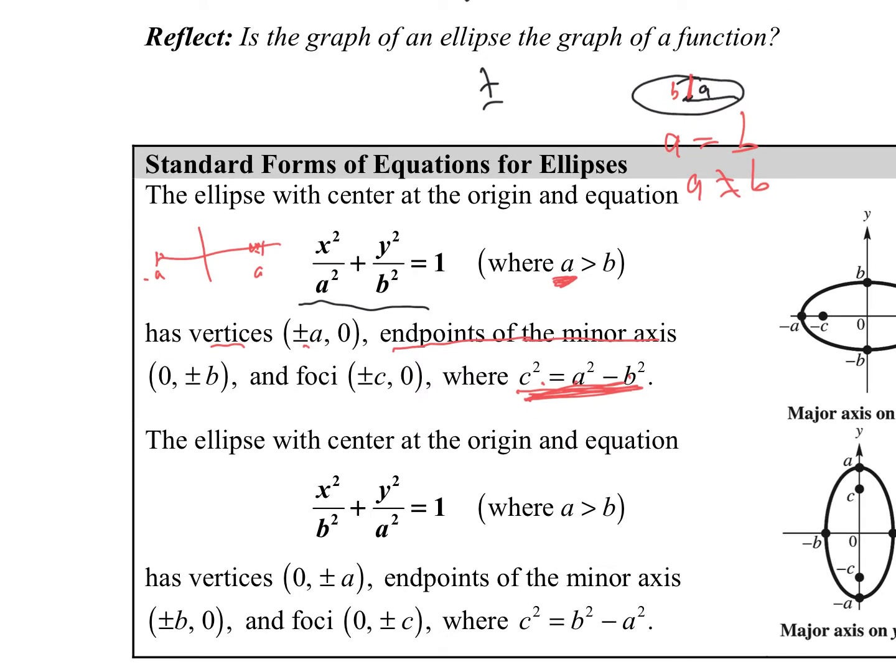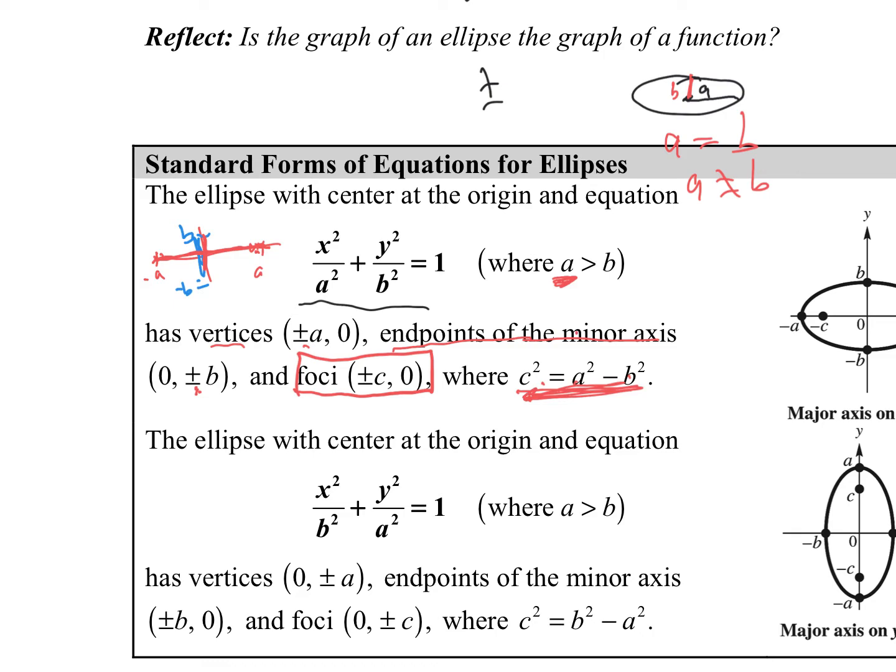Then if I go along the minor axis, 0 comma plus or minus B, so up B, down B. So this axis is smaller than this axis, so we call the longer one your major axis, and this shorter one is your minor axis. Focal points happen on your major axis every single time.